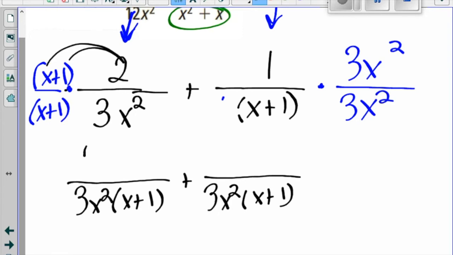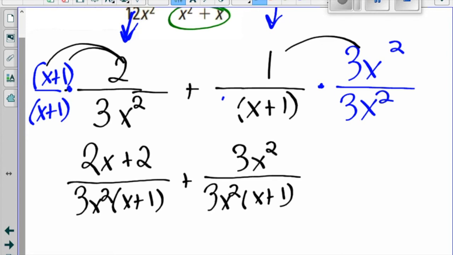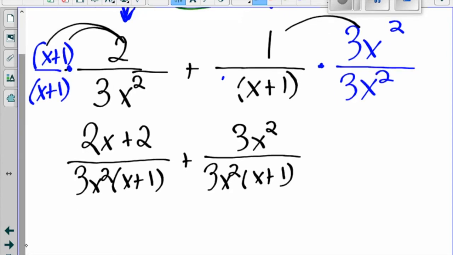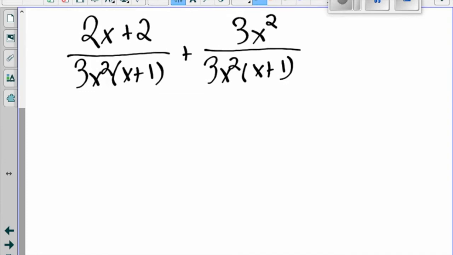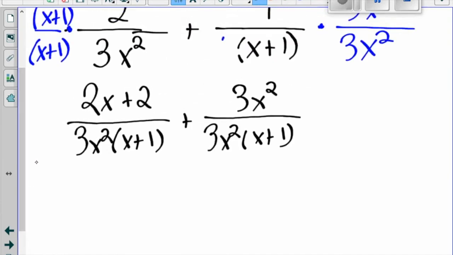So 2 times x would give us 2x. 2 times 1 would be plus 2. 3x squared times 1 will be, well, 3x squared. Any questions on how we got to this here? Okay.